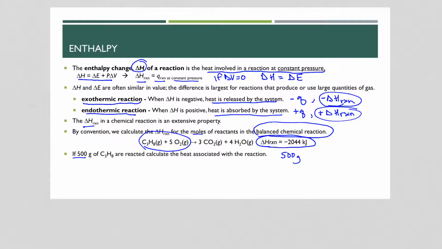Propane has a mass of 44.11 grams per mole, or 44.08, kind of depends, somewhere around 44.11, depending on exactly the molar masses that you use, of C3H8.